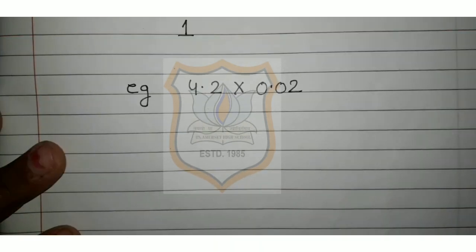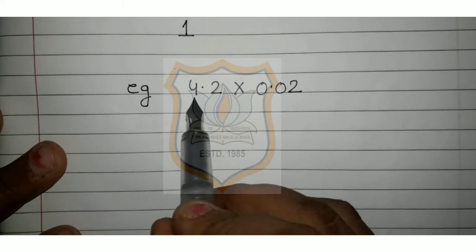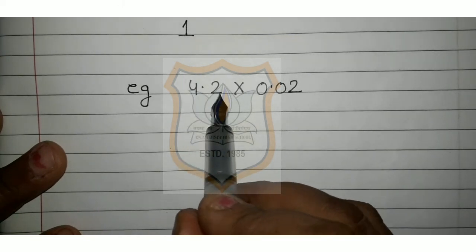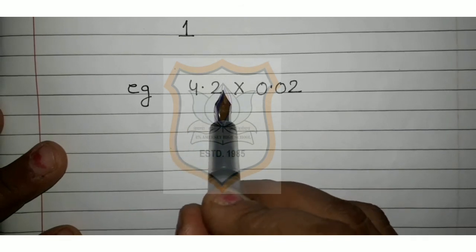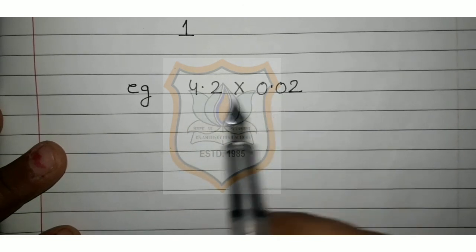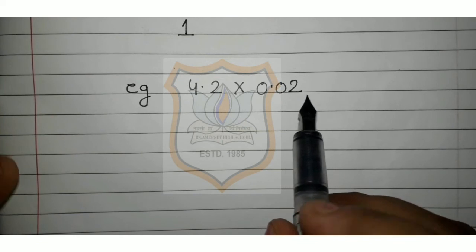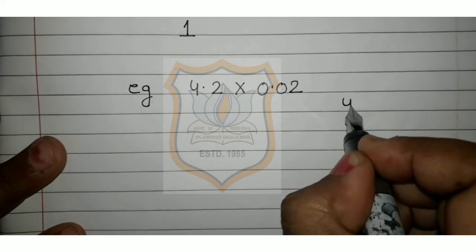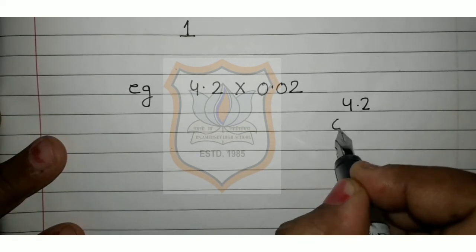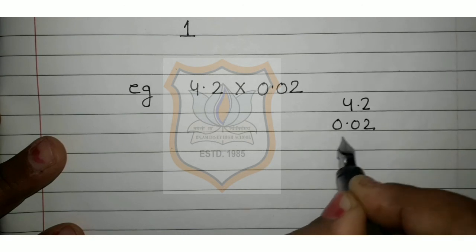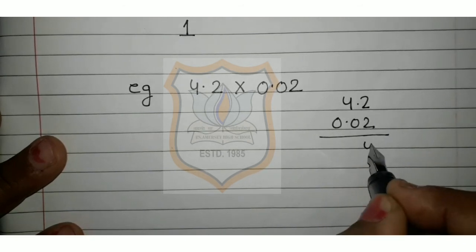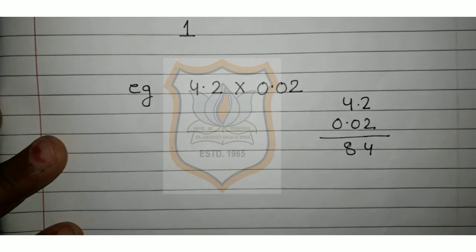I will explain by giving another example. Suppose the decimal number is 4.2 and we have to multiply this 4.2 by 0.02. Simply forget about their decimals and multiply 42 by 2. Our answer is 2 2s are 4, 4 2s are 8, 84.